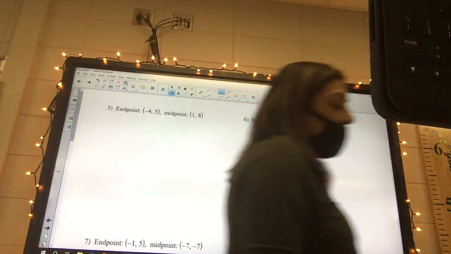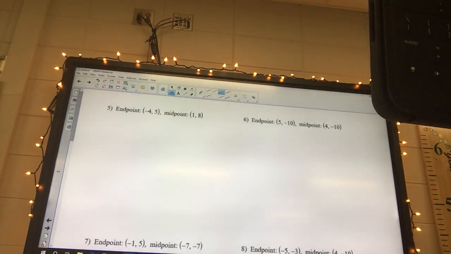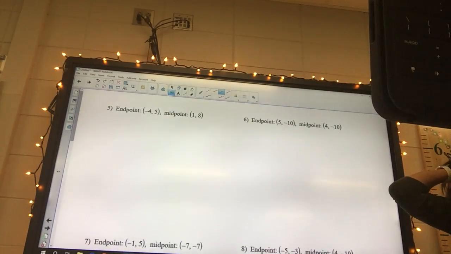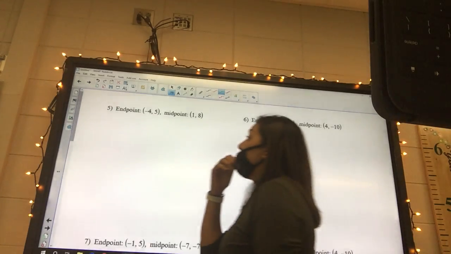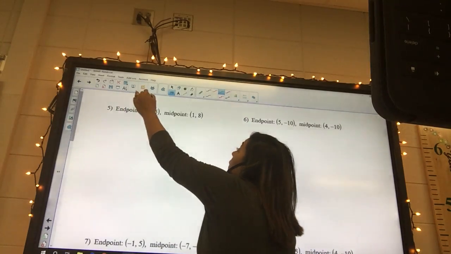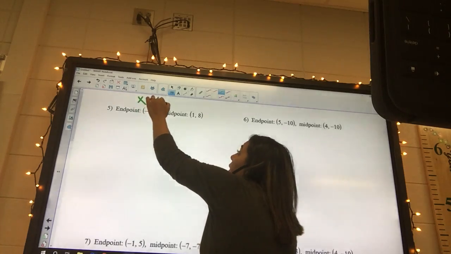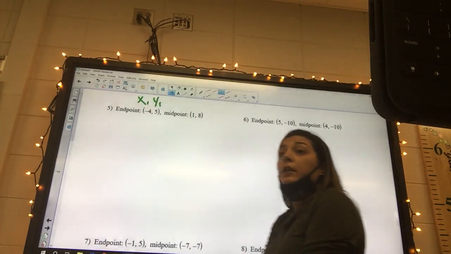Okay, what's our first thing we need to do? Name them. Our very first thing is going to be to label. So we're going to label the endpoint x sub 1, y sub 1, and then the x and y.